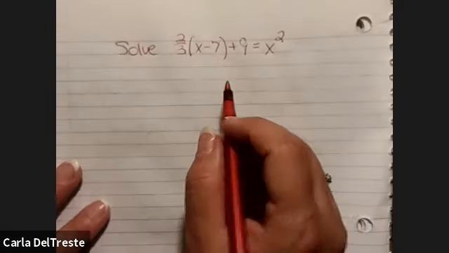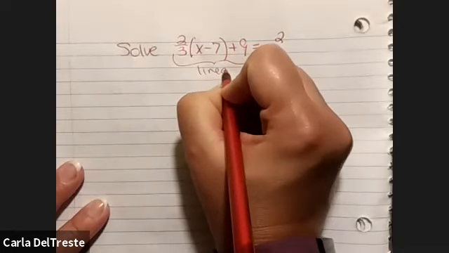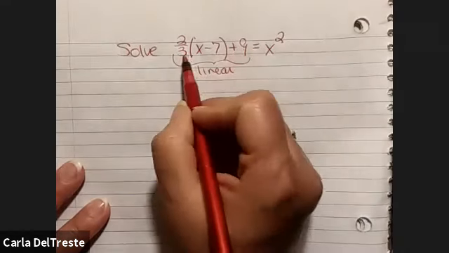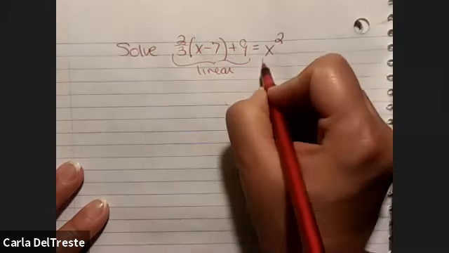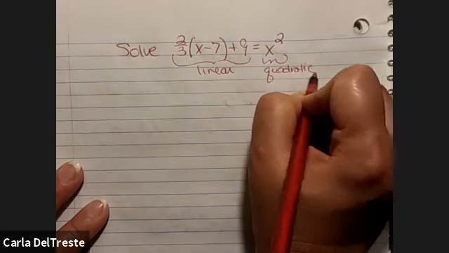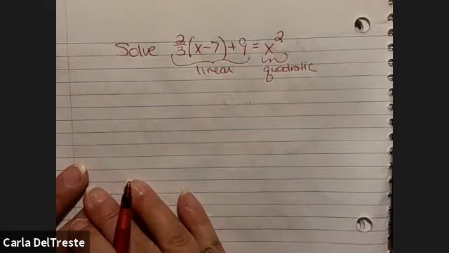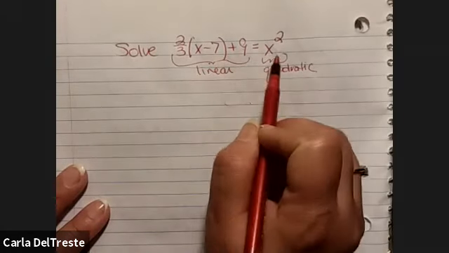We should anticipate what we're seeing here. This side is a linear. This is point slope form, m times x minus x1 plus y1. This side is a quadratic because the high power is a 2. I should anticipate seeing a line and then seeing a quadratic.